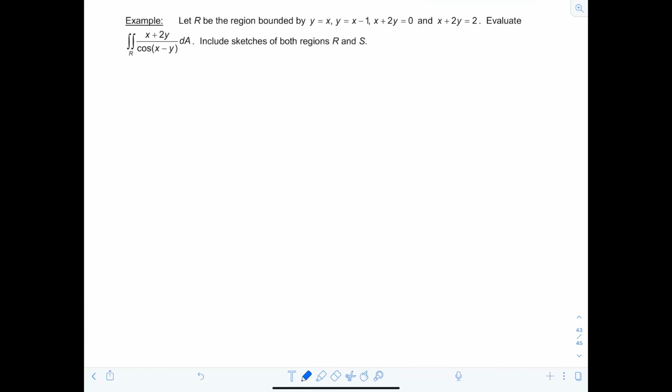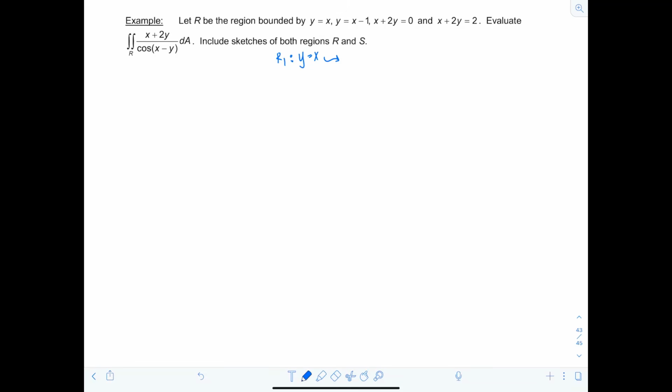Okay, here we go. Let R be the region bounded by y equals x, y equals x minus 1, x plus 2y equals 0, and x plus 2y equals 2. Evaluate the double integral over R of (x plus 2y) over cosine of (x minus y) dA, and then include sketches of both regions R and S. Alrighty, here we go. So R1 is given by y equals x.